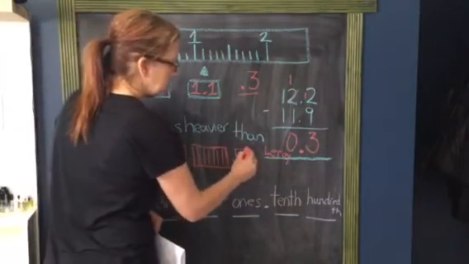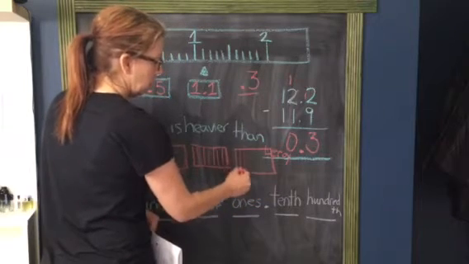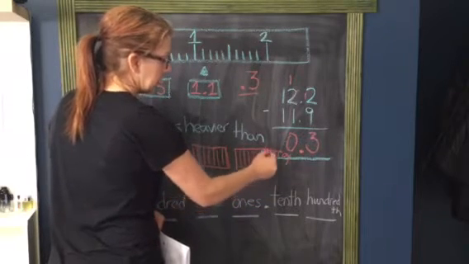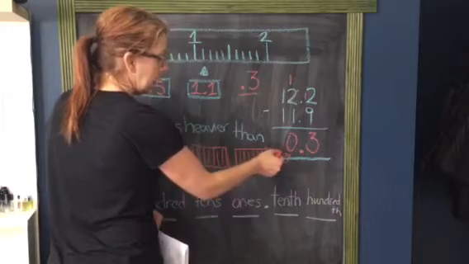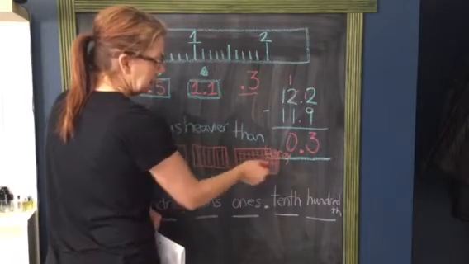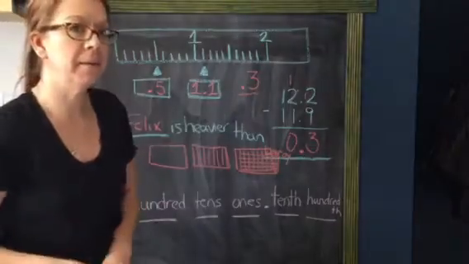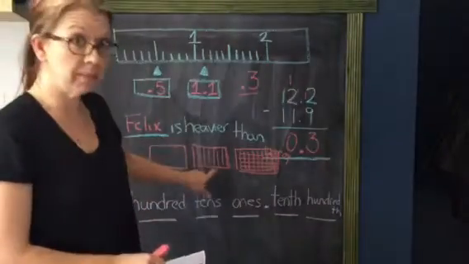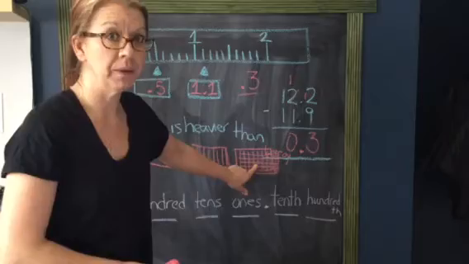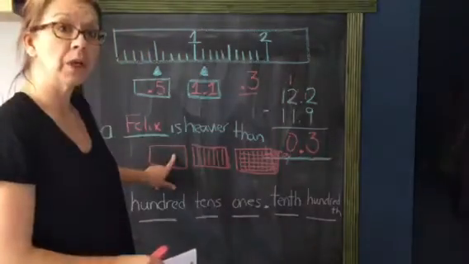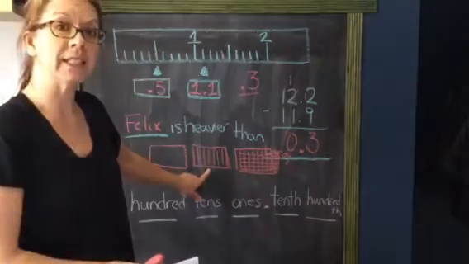This is the same chocolate bar. 1, 2, 3, 4, 5, 6, 7, 8, 9, 10. And I would draw lines this way, 10 lines. So it would give me 100 pieces. Same chocolate bar. This is one whole chocolate bar. This is broken down into tenths.